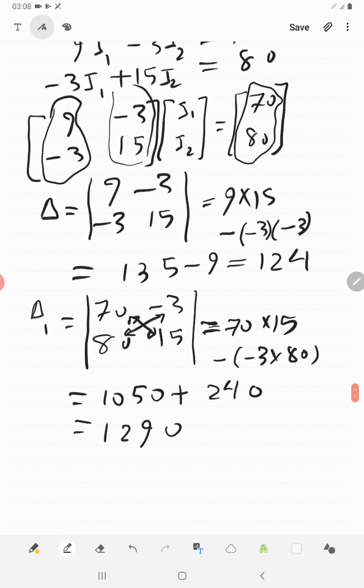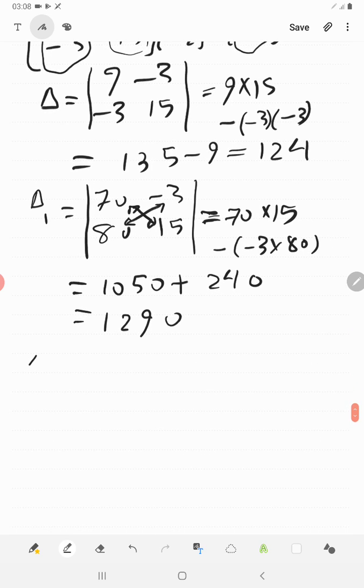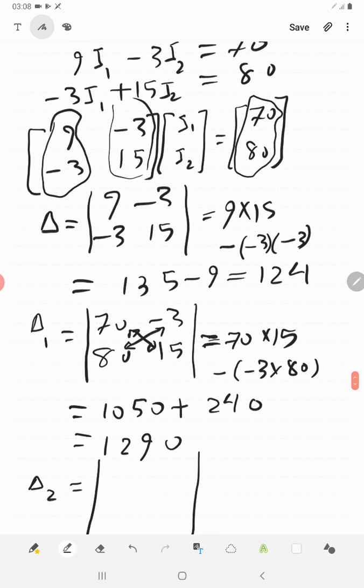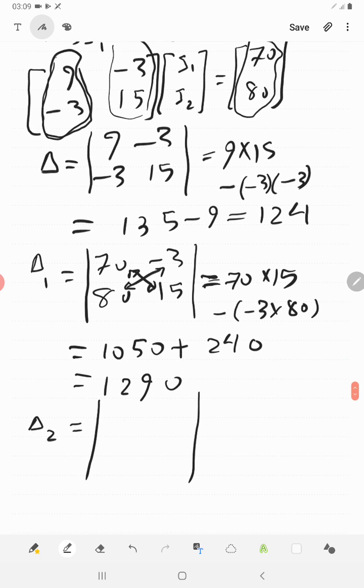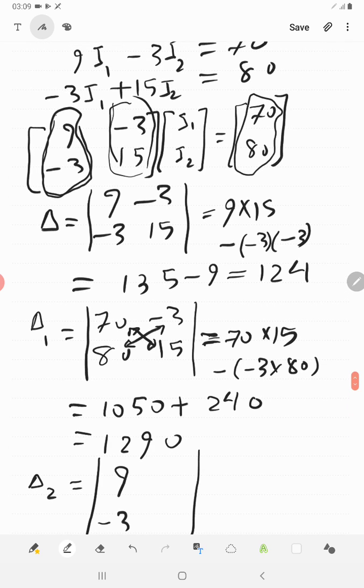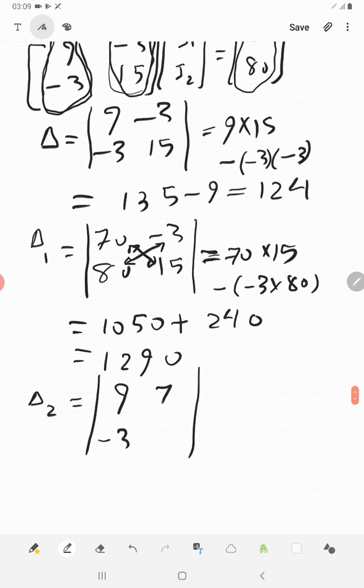Now we determine delta 2. We do the same: we keep the first column, 9 and minus 3, and we replace the second column with 70 and 80.